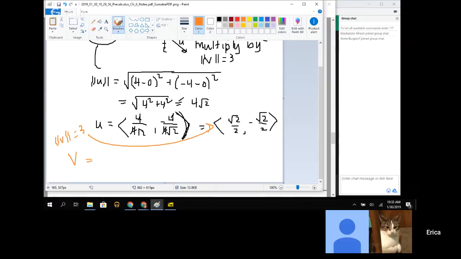So vector v is going to be 3 times the square root of 2 over 2, negative square root of 2 over 2, which equals 3 square root of 2 over 2, -3 square root of 2 over 2. So that will be my vector v that has a magnitude of 3 and is in the same direction as u.